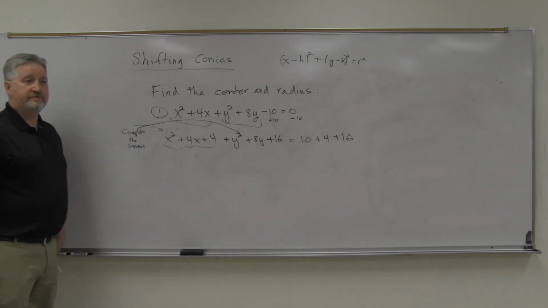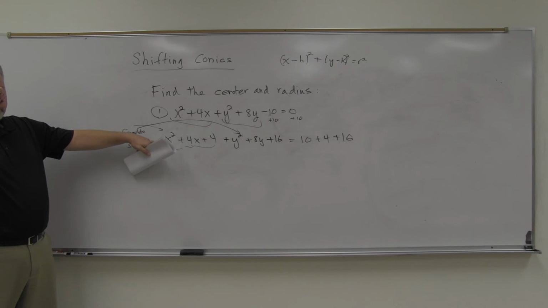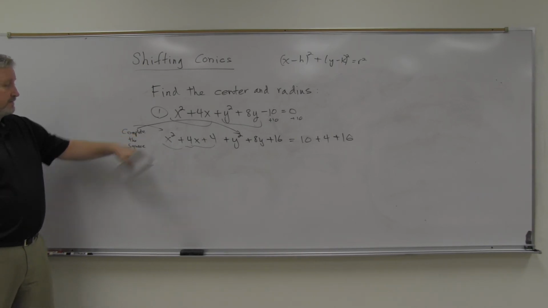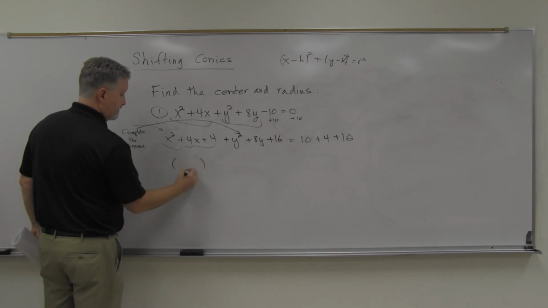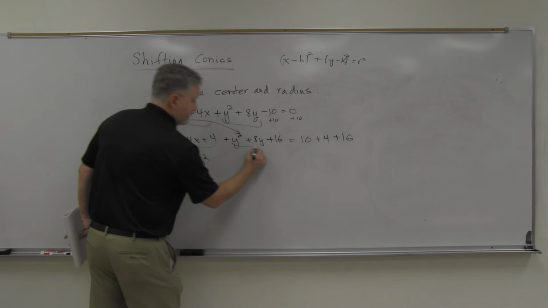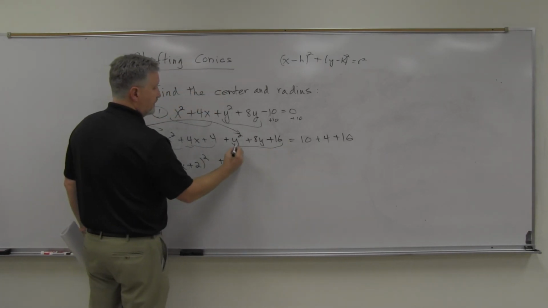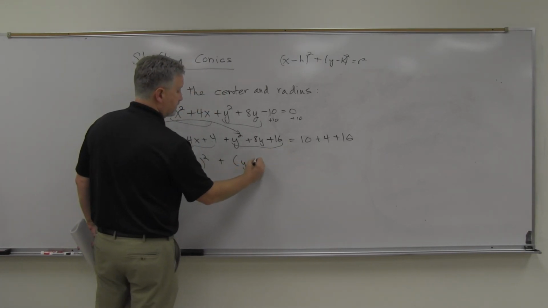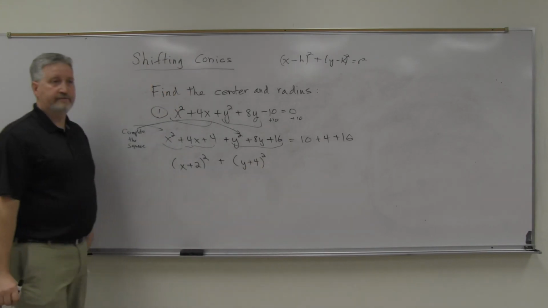That gives me some trinomial squares, perfect square trinomials. How does that factor? Well, it'd be x plus 2 times x plus 2, or x plus 2 squared. Factor that, it'd be y plus 4, y plus 4, y plus 4 squared.